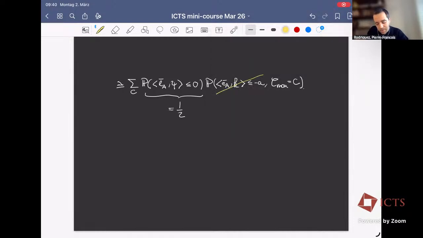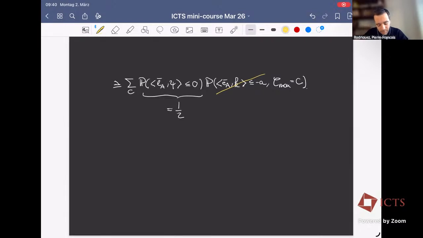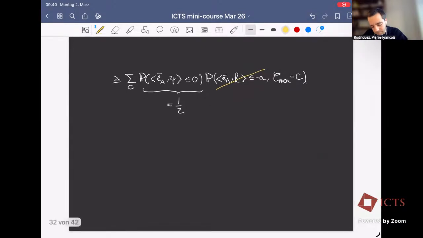And the reason is that, this is now where you use the GFF. Remember that this here, if you write it out, is just some average over h. And the important thing is that x here is a point in K.